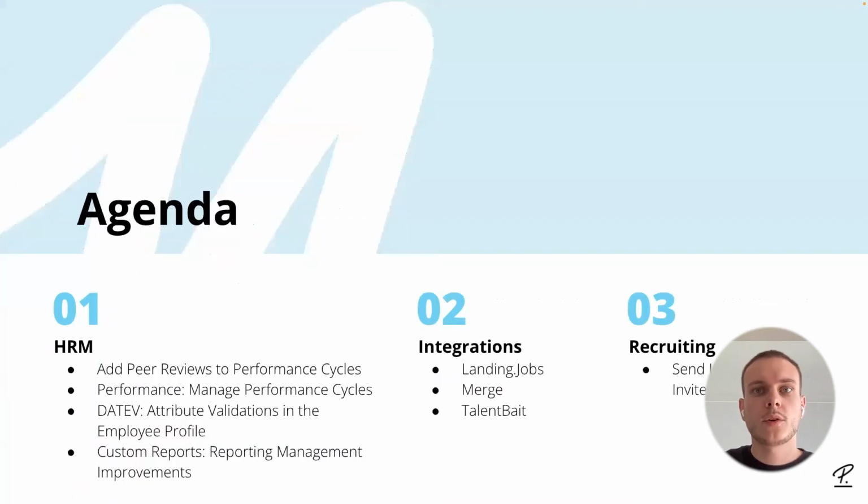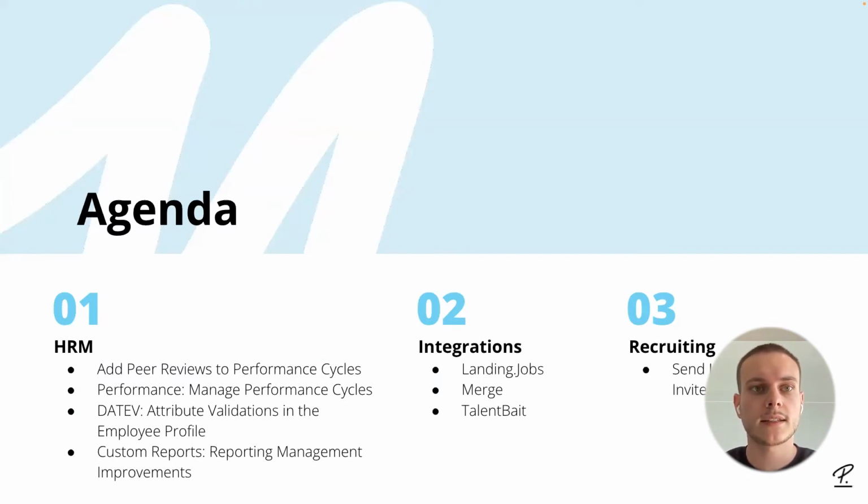But with this, we come to today's agenda. We have topics for each part. For the HRM part, we have some updates on the performance cycles. We now have the peer reviews added here. Especially for the German market, we have some new information on the DATEV integration. And for custom reports, we have some new filter and insert functionalities.